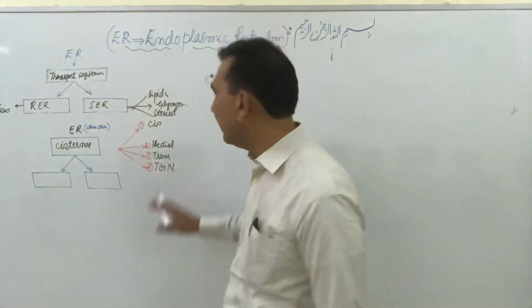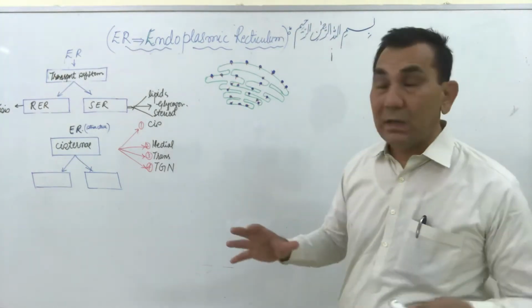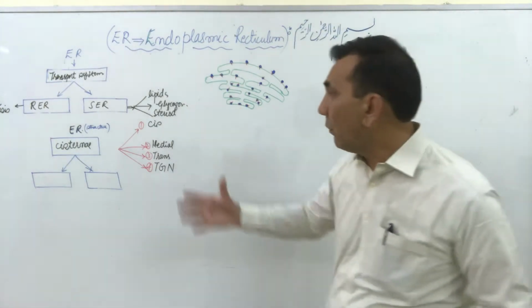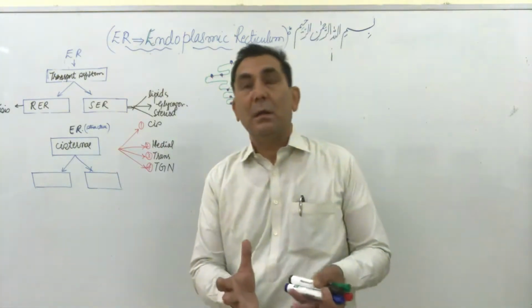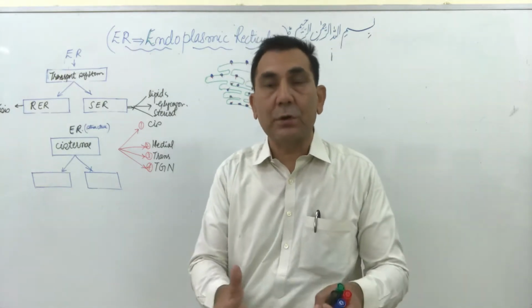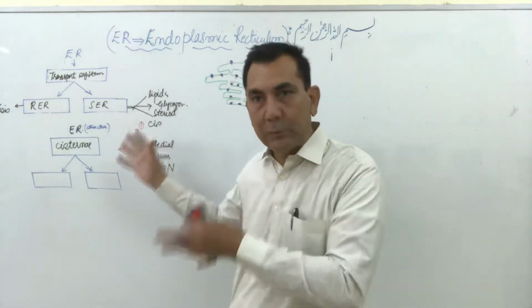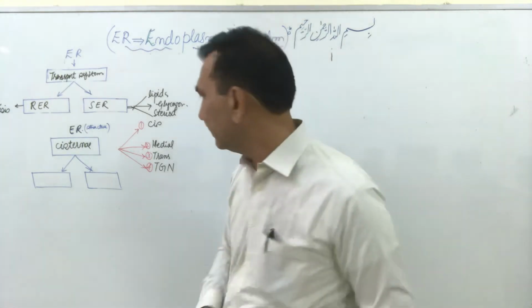These are the four classes of the cisternae, the network of membrane which is the main structure of the endoplasmic reticulum and also of the Golgi apparatus.